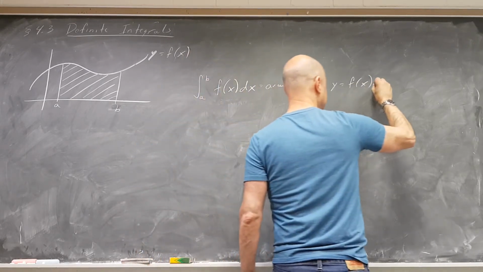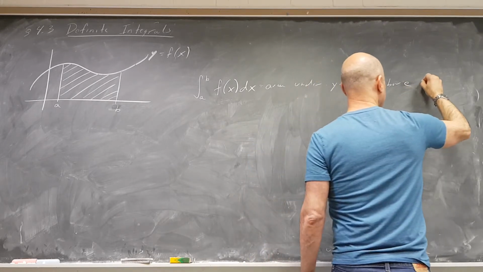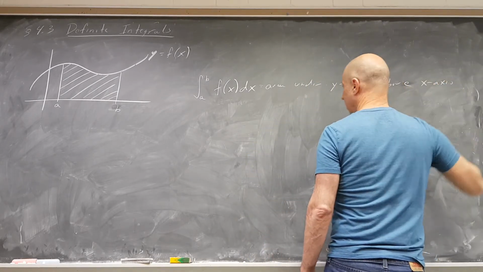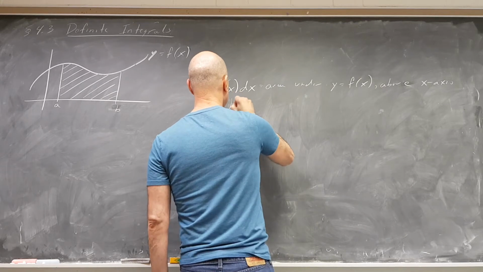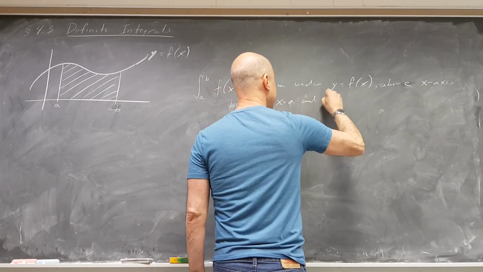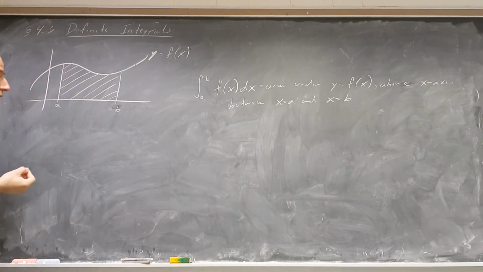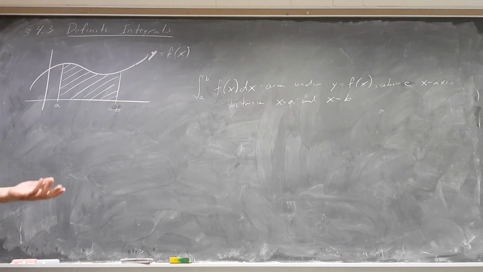above the x-axis between x equals a and x equals b. And we know exactly how to find that, or at least in principle we do.